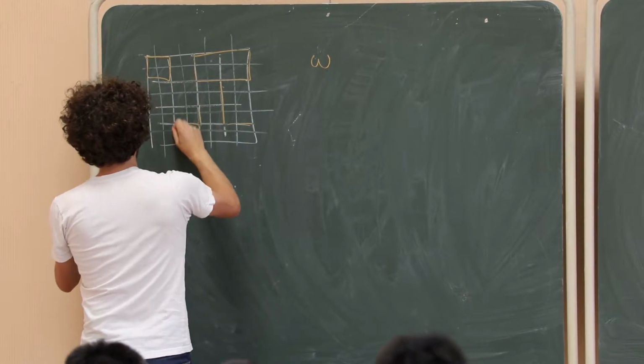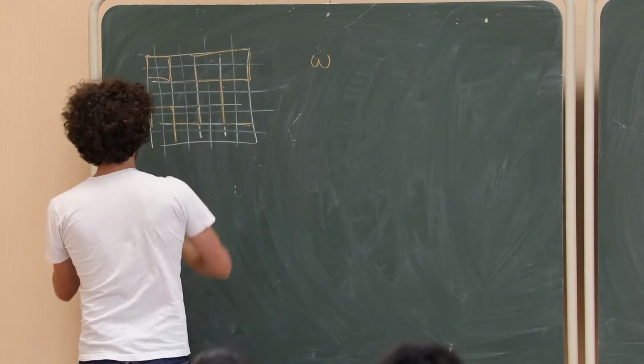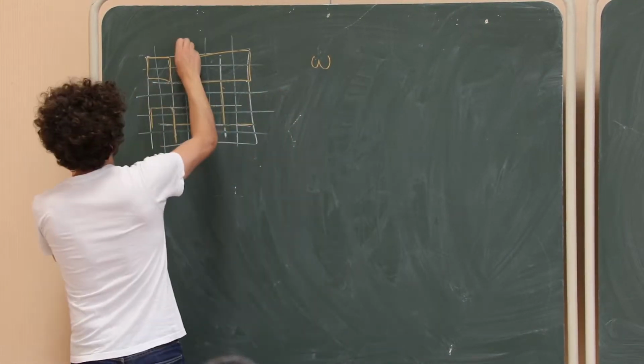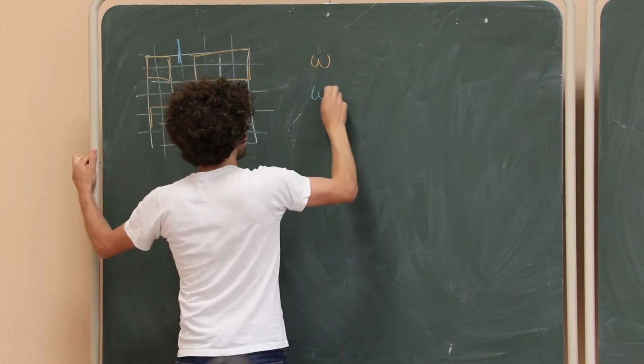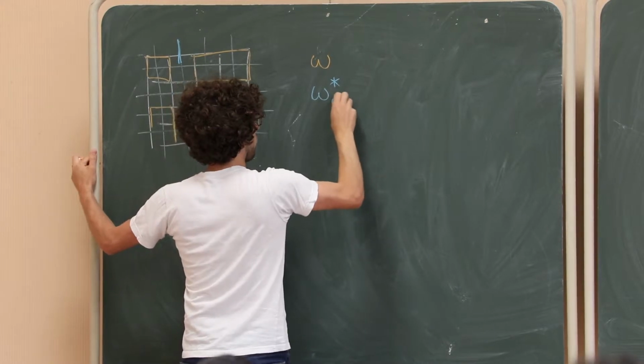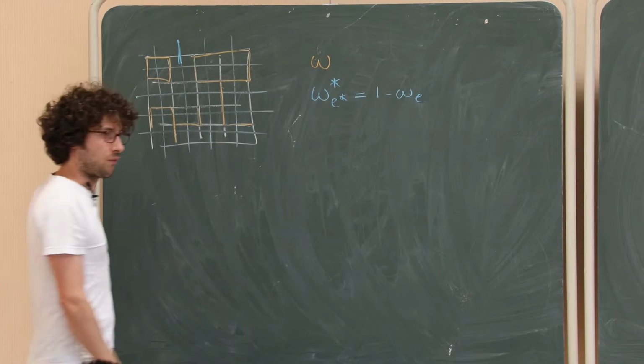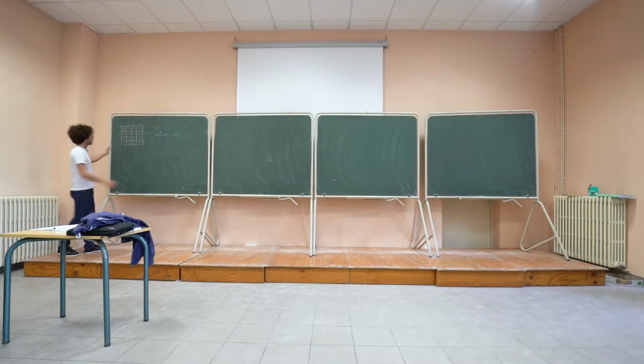The key of today is to try to prove that the dual configuration, which is defined by the fact that an edge is open in the dual configuration if it's closed in the primal one, and vice versa.